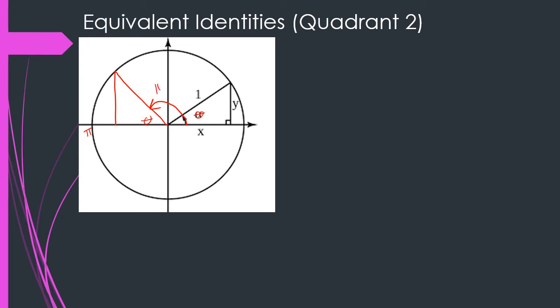So that's pi minus theta. And again, this is x and y, and that's 1. So this is going to help us come up with some equivalent identities, which we've already done from a graph. We haven't done it in the Cartesian plane, but the Cartesian plane is just another representation of an x and y axis.